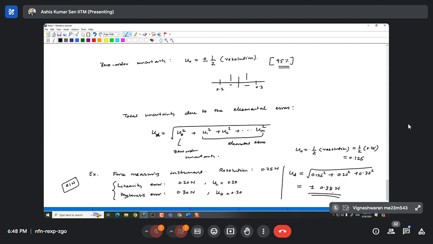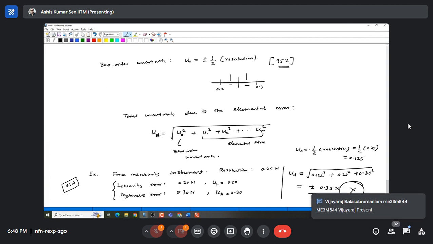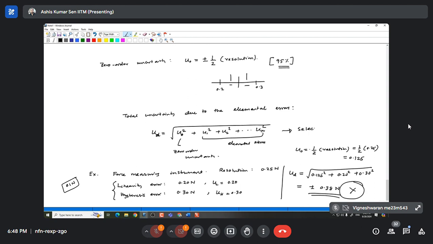Then let's say the design stage uncertainty calculation tells you that it is 0.38 Newton. You straight away know that this instrument is no good for you. Okay. So design stage uncertainty analysis basically helps you in selection of the right kind of instrument for measurement.